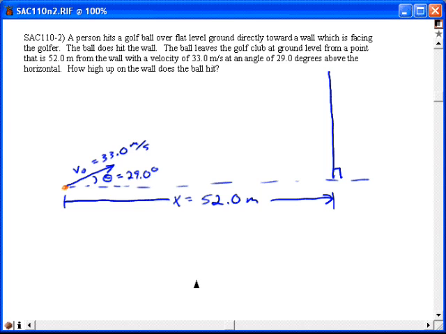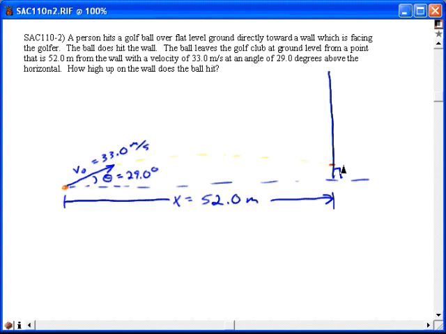And the question is, how high up on the wall does the ball hit? So this object is probably going to follow a trajectory something like this, and they're looking for the value of y.